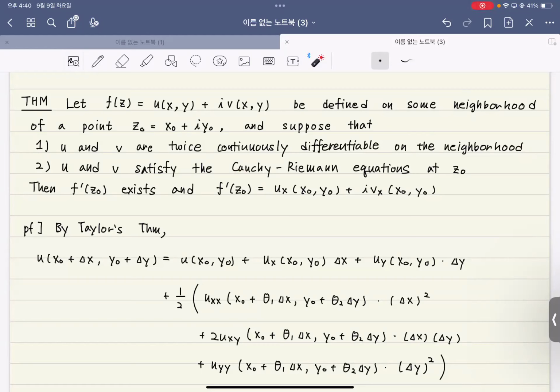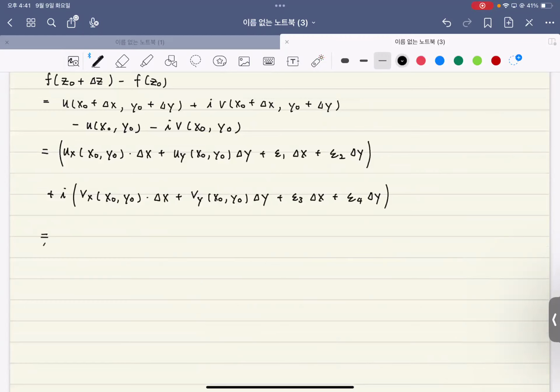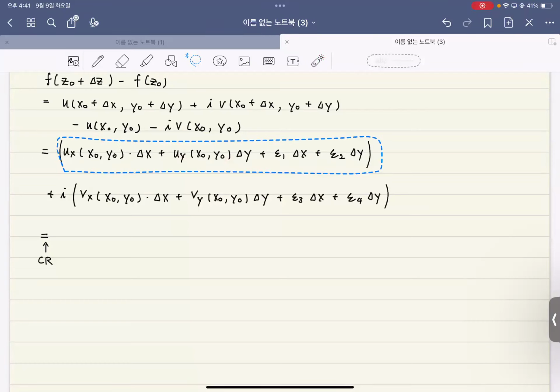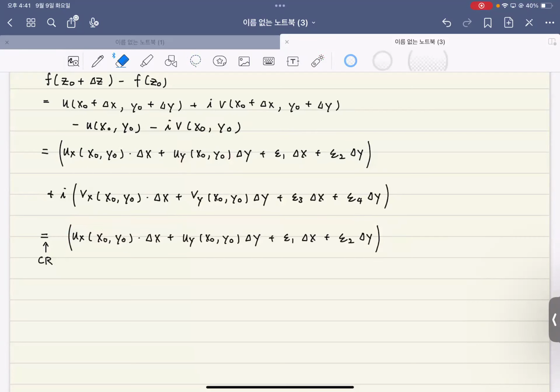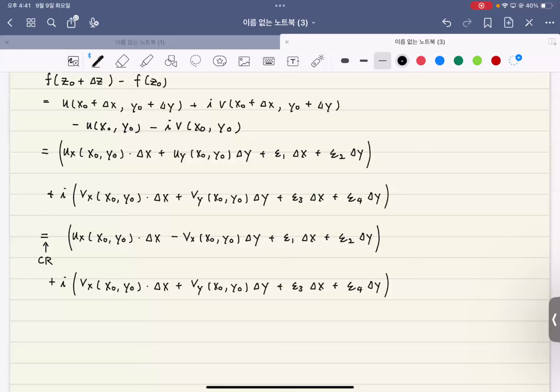Since we are assuming that u and v satisfy the Cauchy-Riemann equations at this point, using the Cauchy-Riemann equations, let me replace this u_y by minus v_x, and for the second term, let me change v_y to u_x. All right, great.